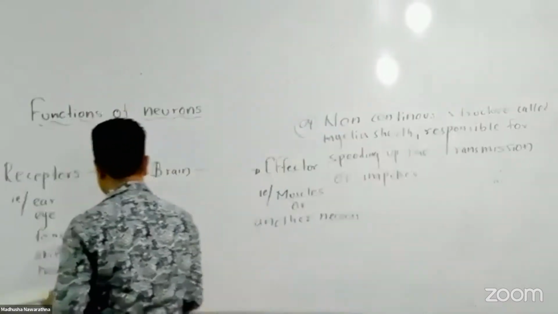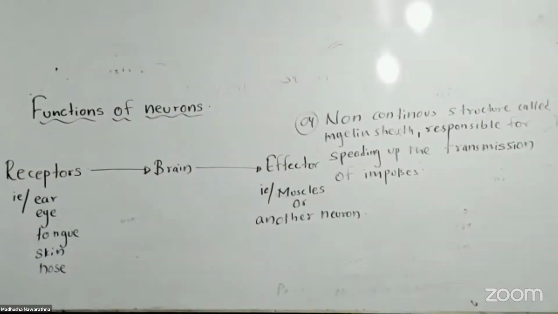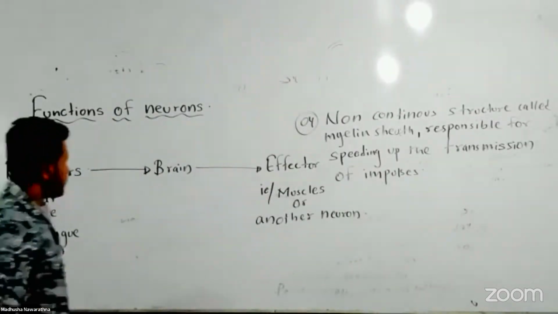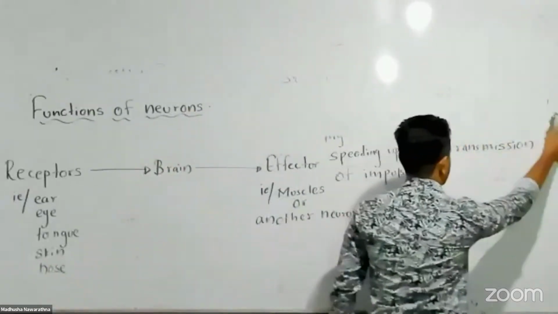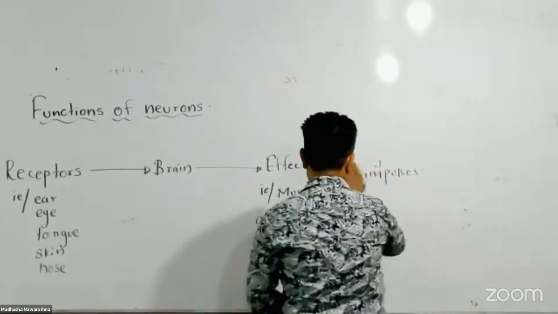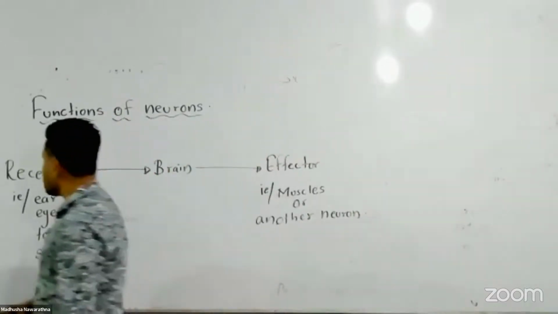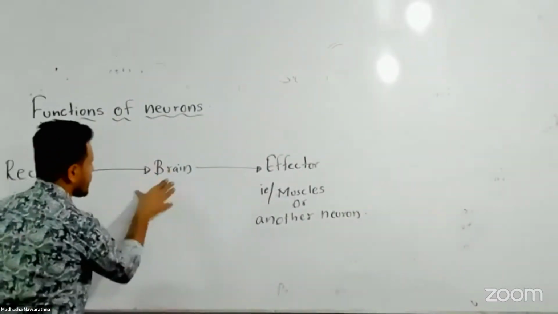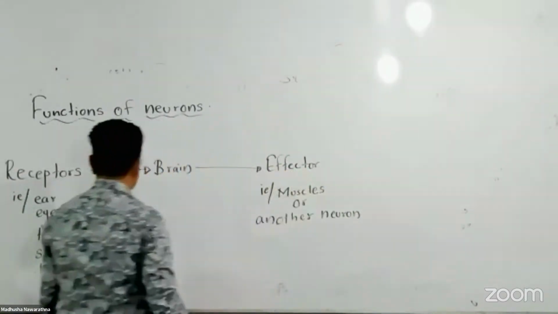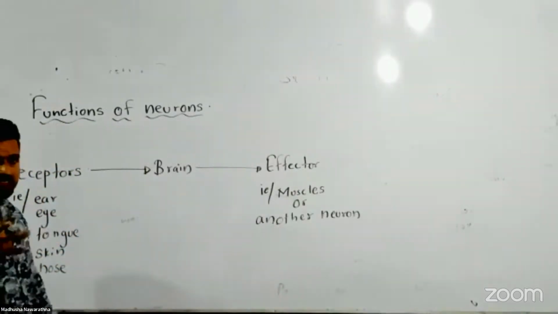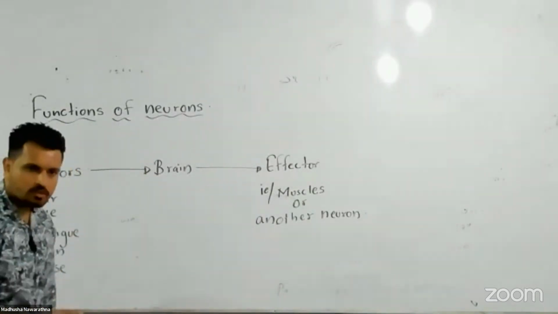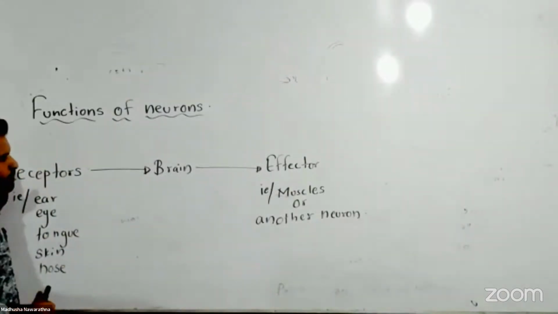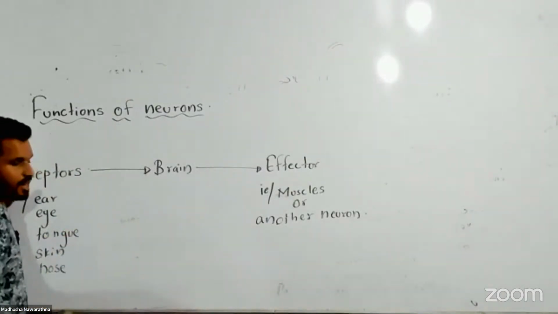So in this process, information is passed from receptor to brain to effector by the nervous system, by the nerves, by the neurons. So that's why it's very special in transferring data.